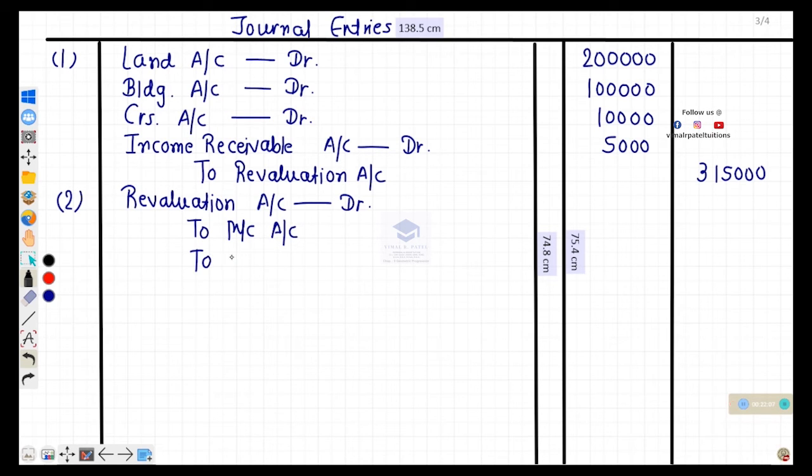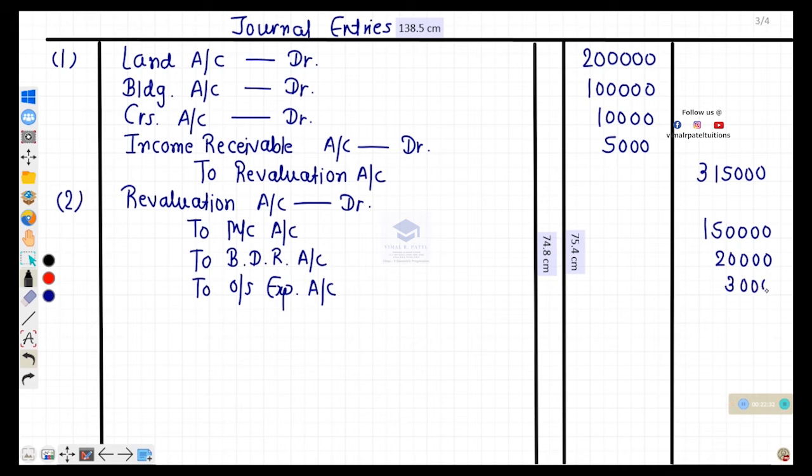Machinery account. To bad debt reserve account. To outstanding expense account. Then entry for closing the revaluation account.